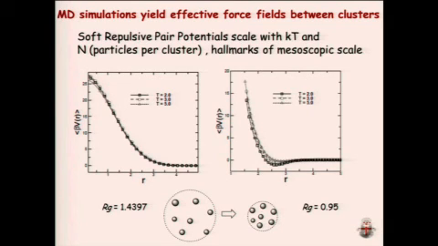The theoretical known theories of mesoscopic systems, like the Langevin formula for the force on a polymer, a tethered polymer, that is always proportional to kT and the number of particles.